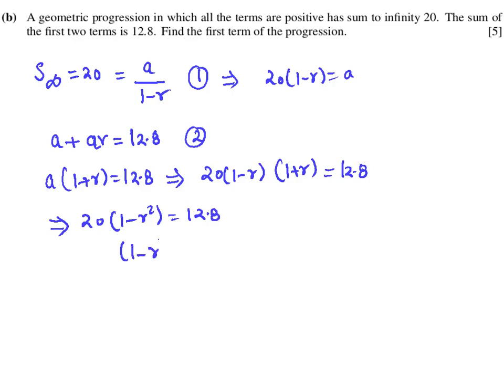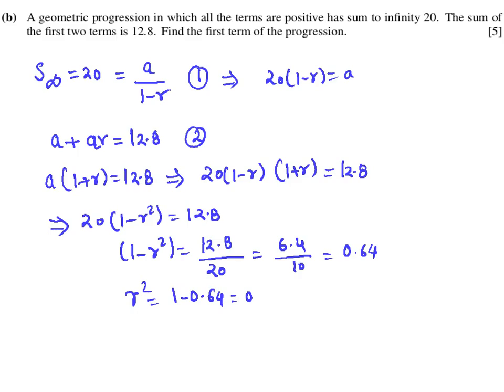So 1 minus r squared equals 12.8 upon 20, that is 6.4 divided by 10, equals 0.64. So r squared is 1 minus 0.64, that is 0.36.